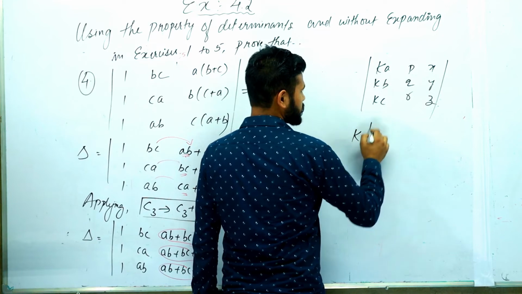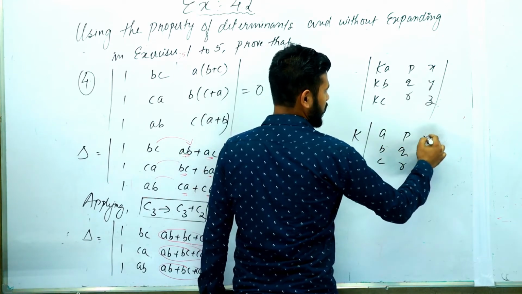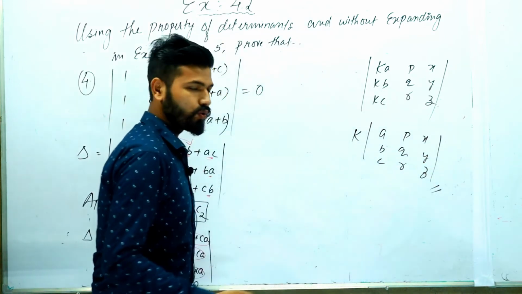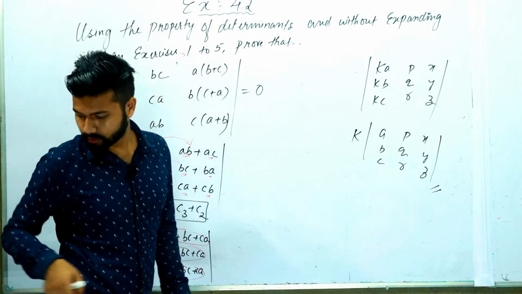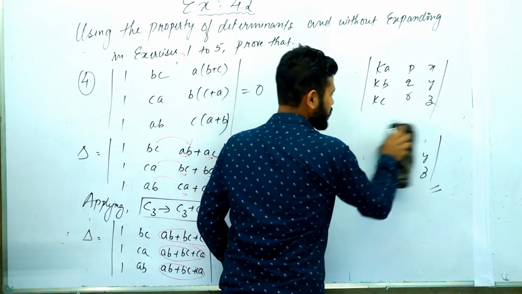So if I take K outside, it will become A, B, C, P, Q, R, X, Y, Z. This is the property that we get. That property we are going to use in this case and obtain the result. Let's see what we are going to obtain. Let me drop this part.